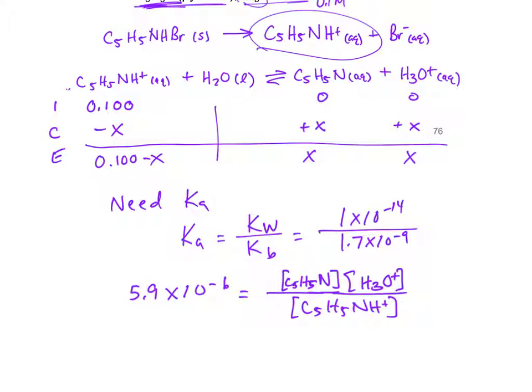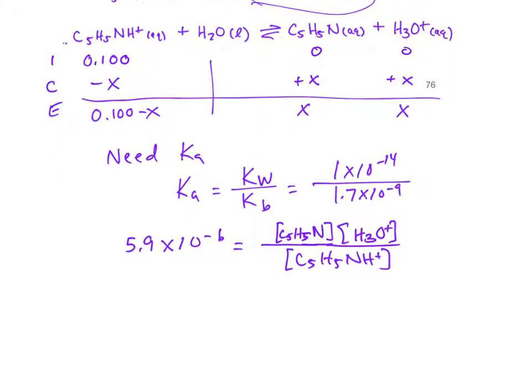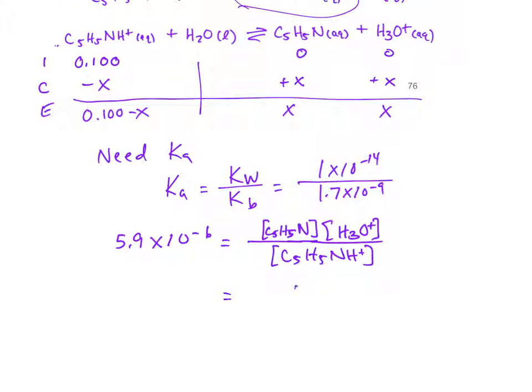And so we know these values at equilibrium: x squared in the numerator and 0.1 minus x in the denominator.